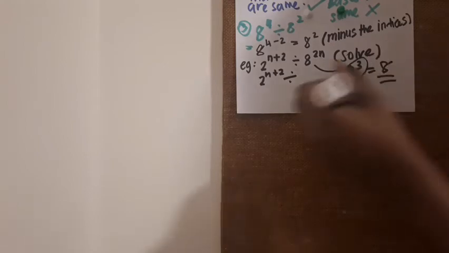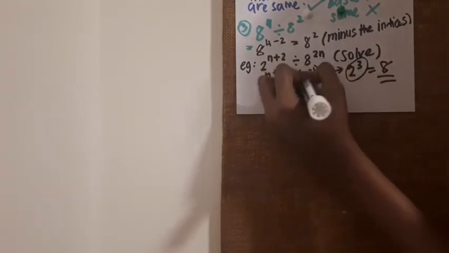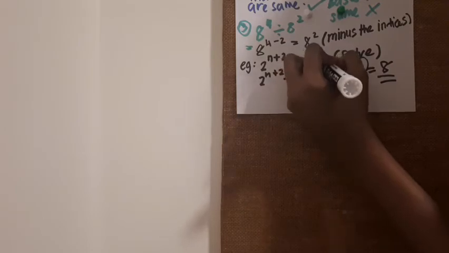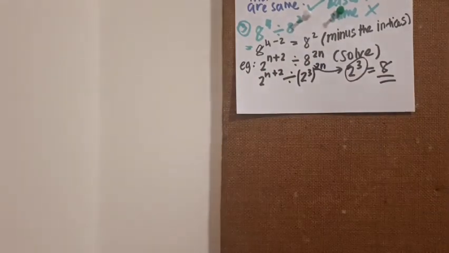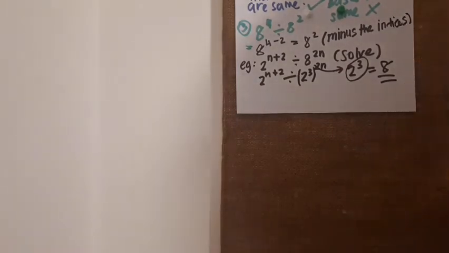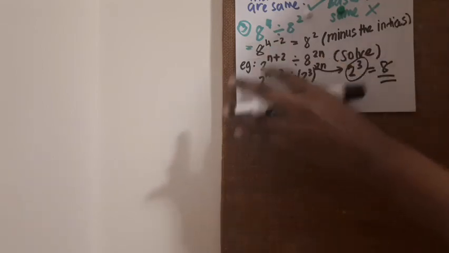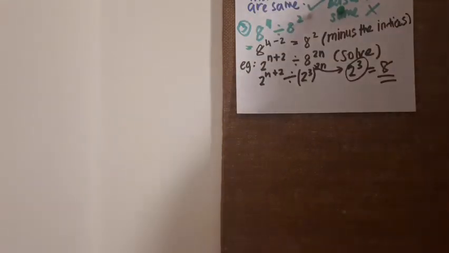So we are going to put this 2 to the power of 3 in bracket and then 2n here. Okay. Why did I do that? Because we need to make sure the bases are same before we proceed to solving the question, and you're going to change the bases similar to the number you have the least, which is 2 here.